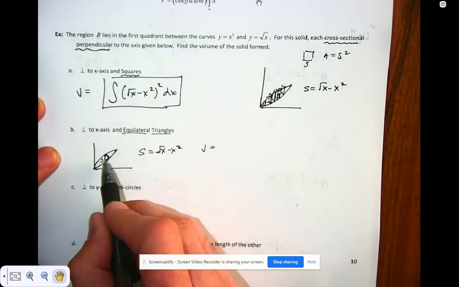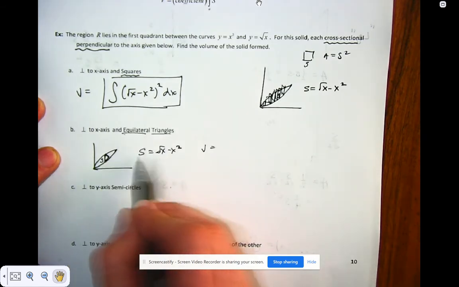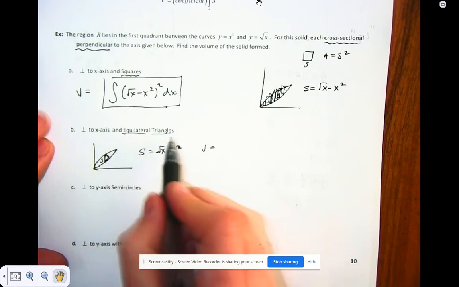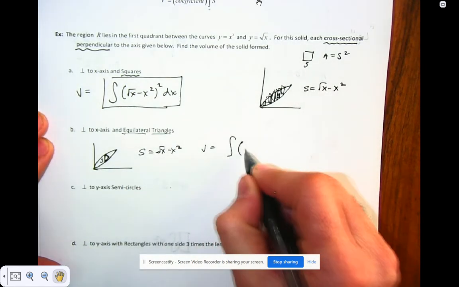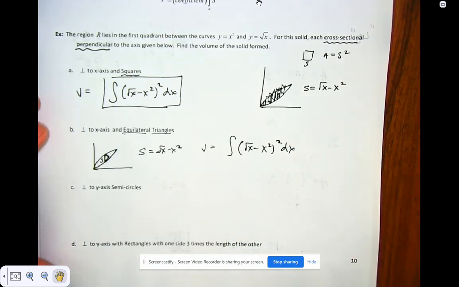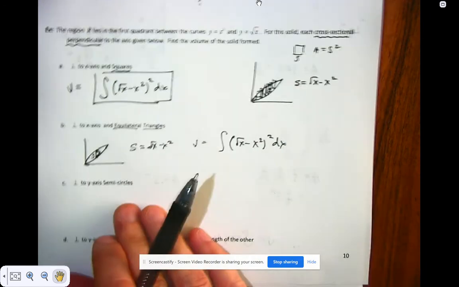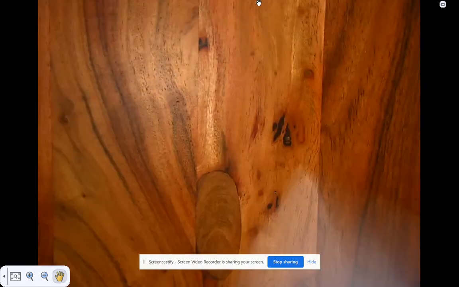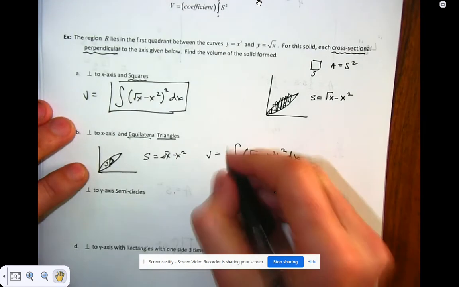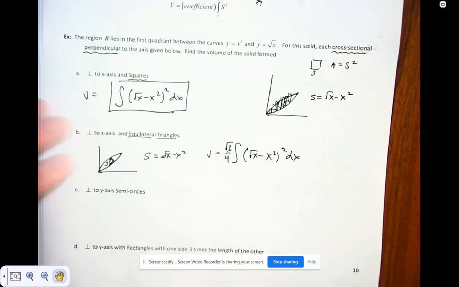In order to find the area of an equilateral triangle, you need to know the side length, which is S. Maybe you forget equilateral triangle, but you better write root x minus x squared, quantity squared, dx. Point. If you can remember that the coefficient for an equilateral triangle is root 3 over 4, and you put that in front, you're home free.